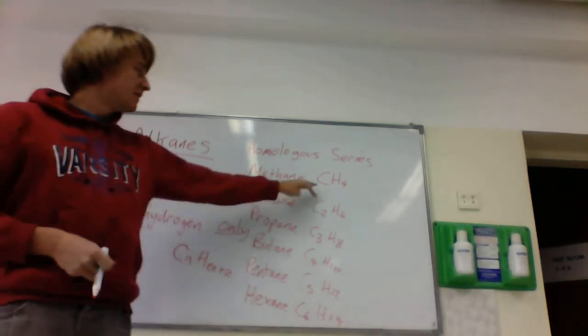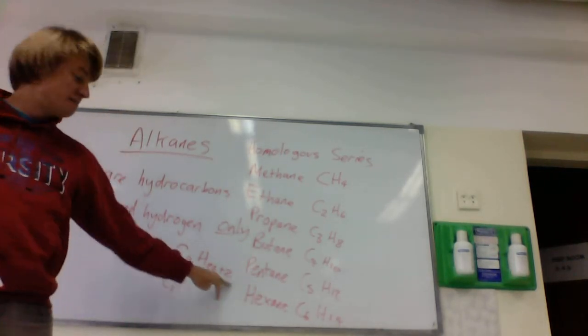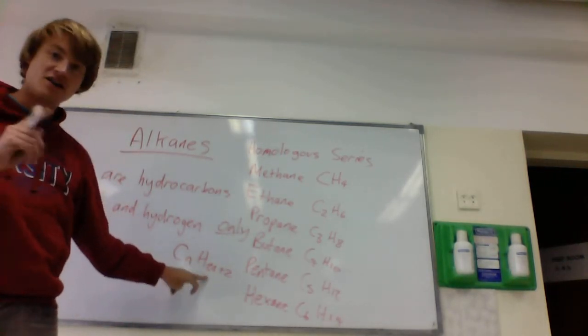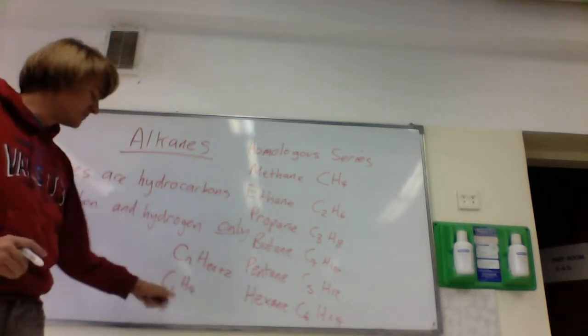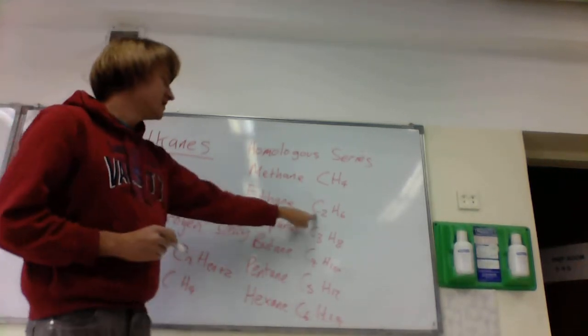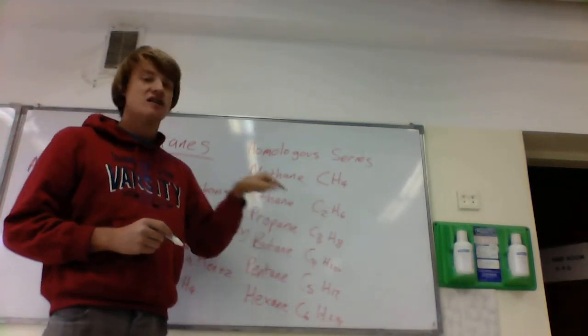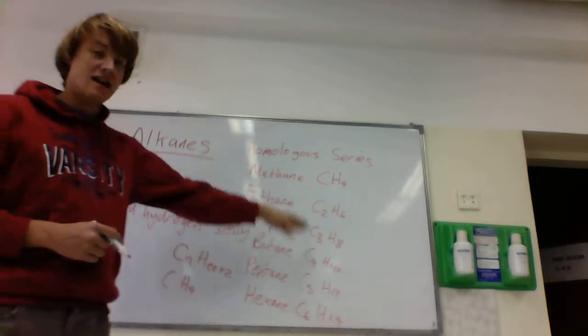So, methane is 1, then we have C1, 2n plus 2, 2 times 1 is 2, plus 2 is 4. So C1H4 or just CH4. Then C is 2, H2n is 4 plus 2 is 6, and so on.